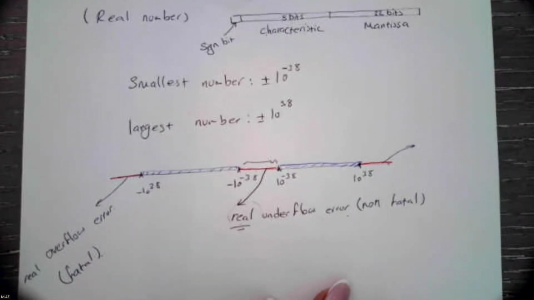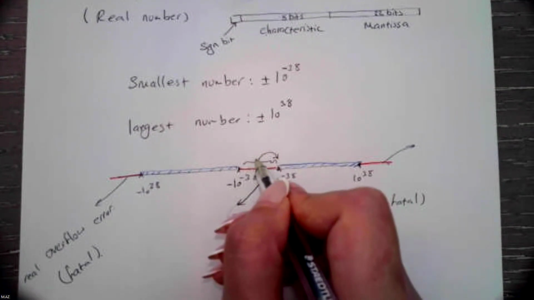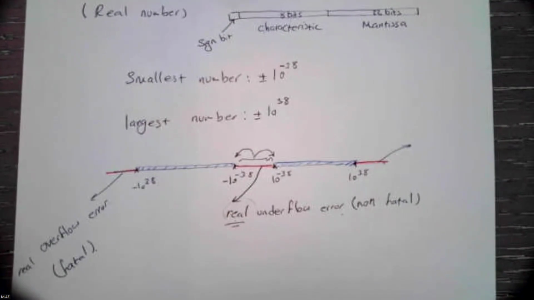And we can say for all the real numbers, we have two conditions, underflow and overflow. When we are attempting to store any numbers in this range, the computer will reset your number to one of the nearest of these two numbers, and you will get the real underflow error.